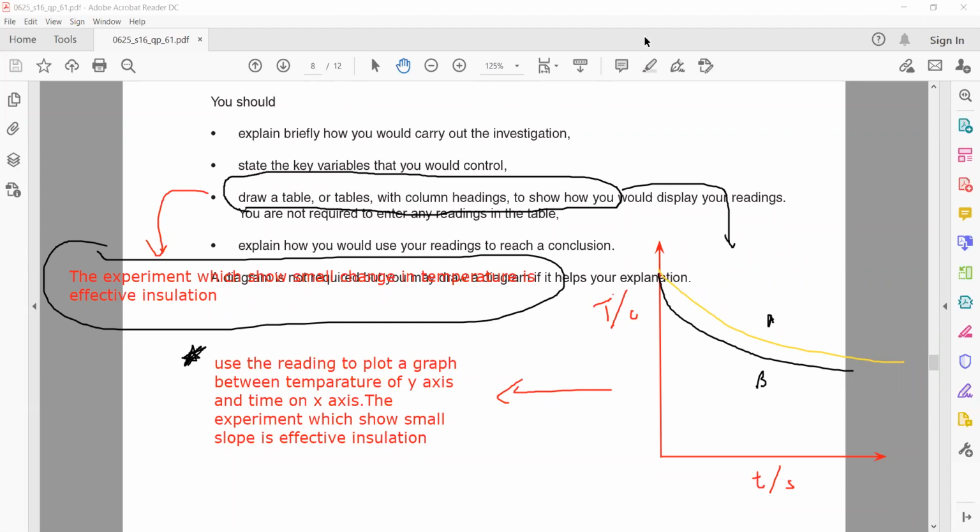No. When you try to write an experiment, try to write according to the points instead of writing the whole experiment. The reason for that is that when you're answering the points, your focus is only on that point. Like explain briefly how would you carry out the investigation. So I will not bother about what should be variable, what factor should change. I will only write about the procedure. Then after answering my procedure, the first part, I will move to the second.